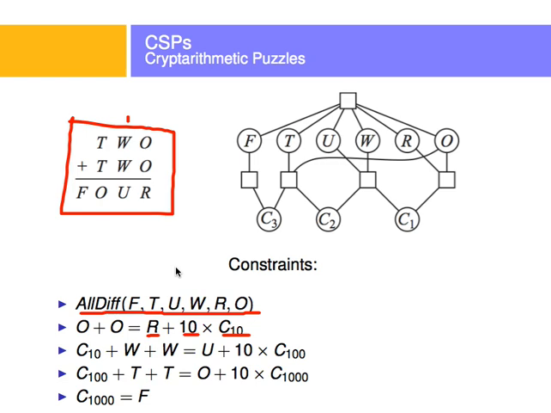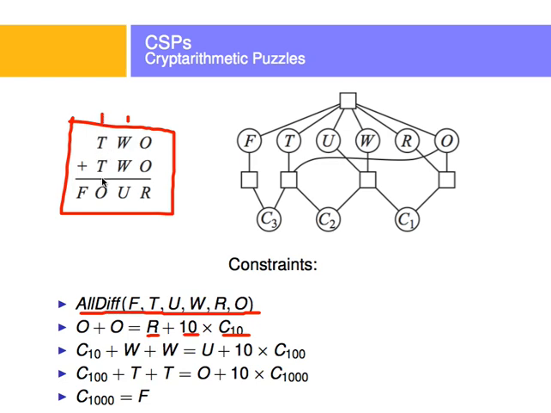In the same way, one can say that W and W plus this carry is U, but perhaps there's a carry to this side as well. What if W and W are 7? So 7 plus 7 is 14, plus the 1, that's 15, so U is 5, and there's a carry. But this carry is now in the hundreds.